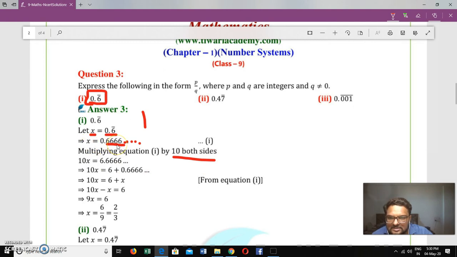Of x and 0.6666. On doing so, this x will become 10x, and this 0.66666 into 10 becomes 6.66666. Now we're going to split this 6.66666 into 6 plus 0.666666.